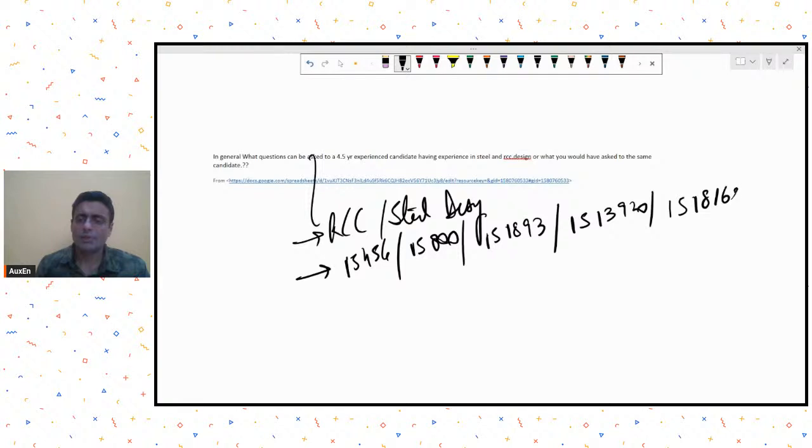Now we have got one for steel also. So maybe these types of questions. Some questions may be based on software applications, whether or not you are able to work on software. And people also tend to ask some bending moment diagram, shear force diagram type of questions. So maybe that also. I mean, if I had to appear for an interview, I would prepare it this way.